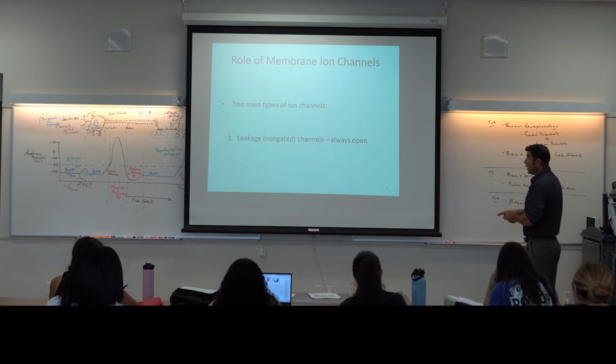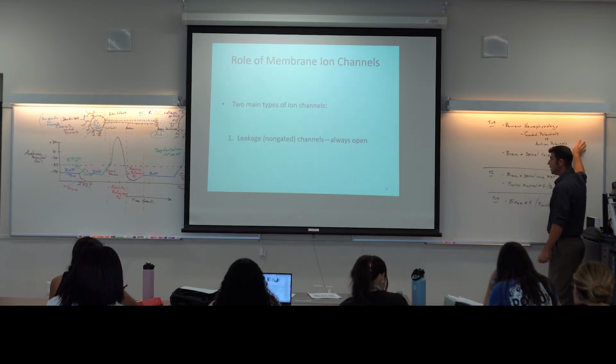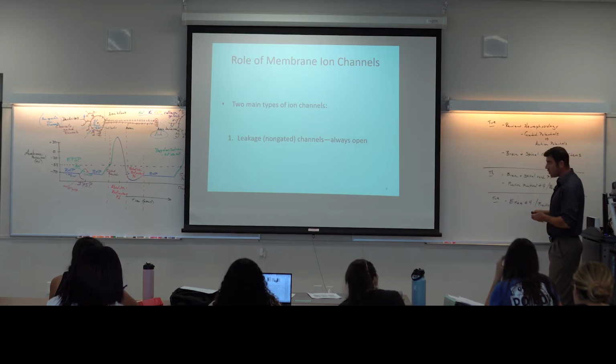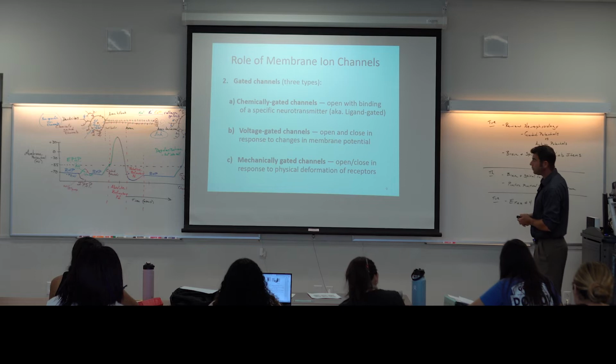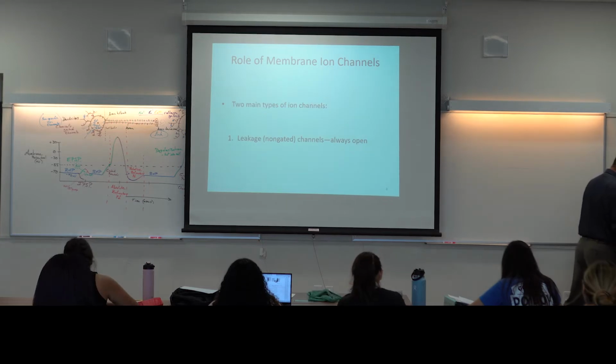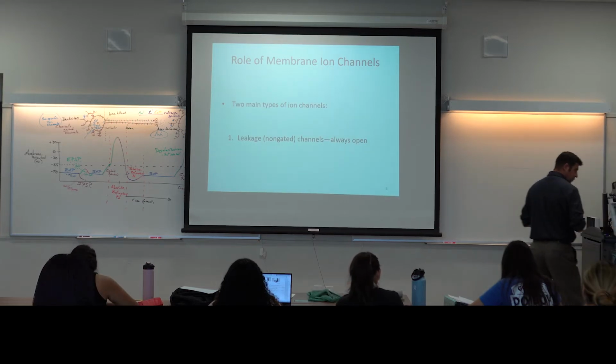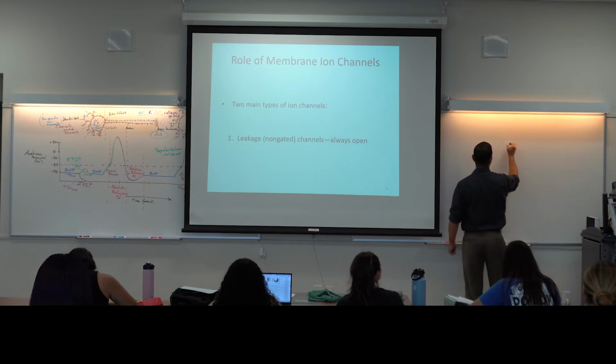We listed in fact over here different types of channels last time. We said there were leak channels on neurons that are always open. I'm going to use this color to just draw a typical neuron.